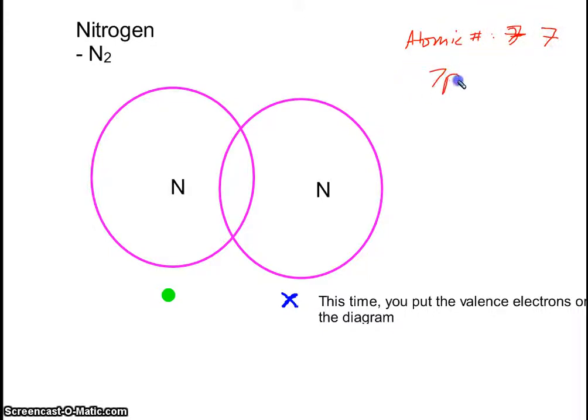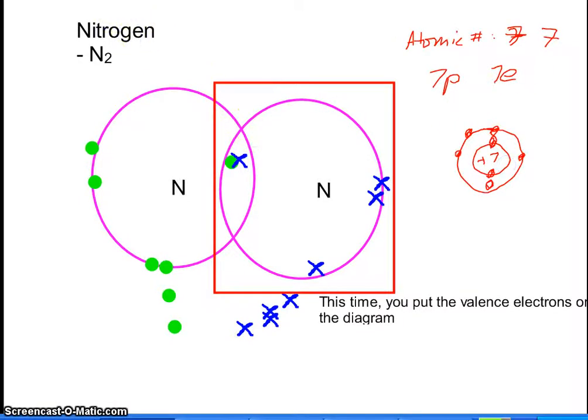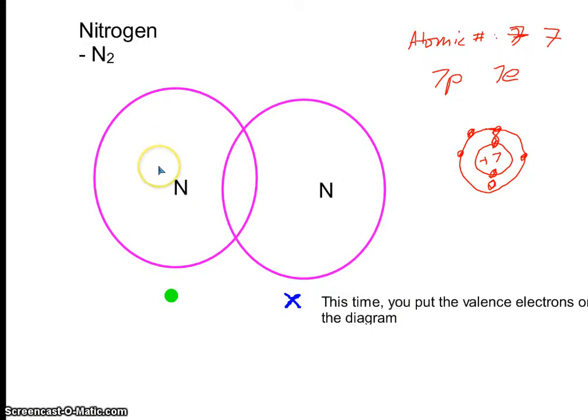So it's got 7 protons and 7 electrons. So we'll put a nice plus 7 in the middle. So it's got 1, 2, 3, 4, 5, 6, 7. It's only got 5 electrons on the outside. Long way to go before it's full.